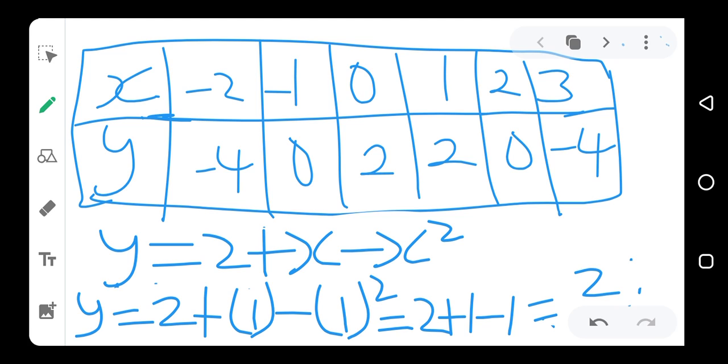So when x is equal to 0, y is equal to 2, and when x is equal to 1, y is also equal to 2.